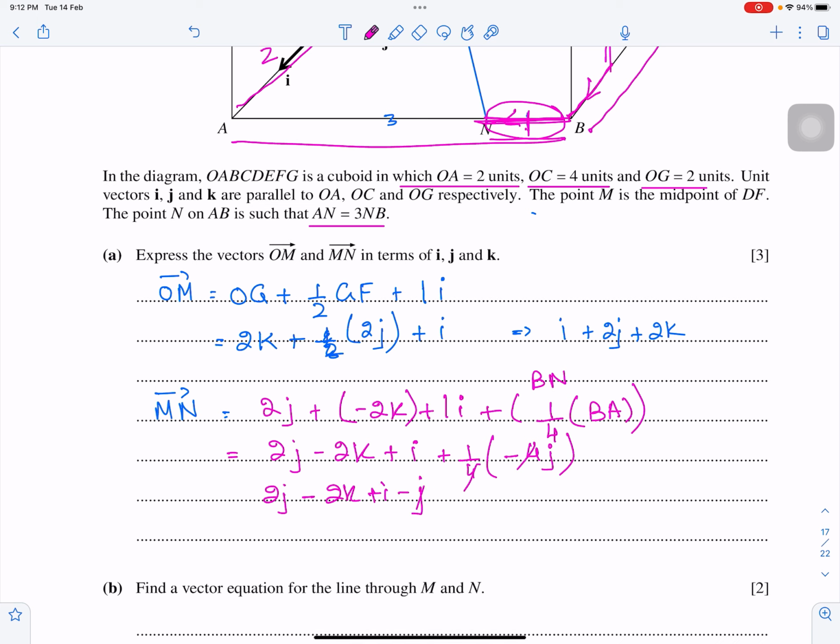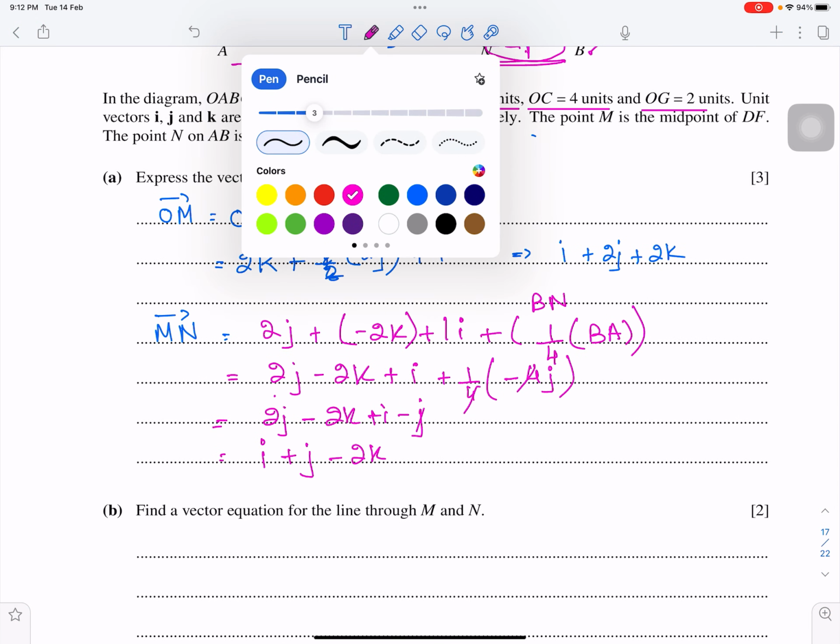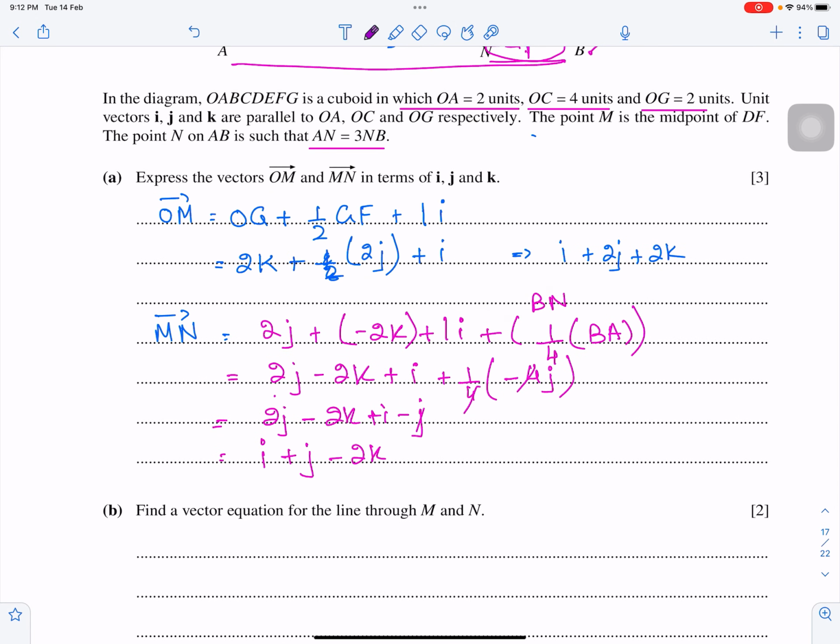Then I will write it in the ijk form, so it is i plus j minus 2k, because 2j and minus j is equal to 1j. So I got OM and MN vectors, and this part is done. Now the question is saying find a vector equation for the line through M and N.